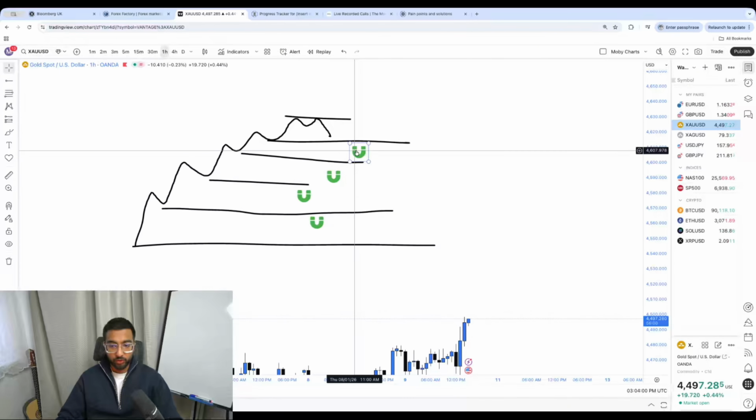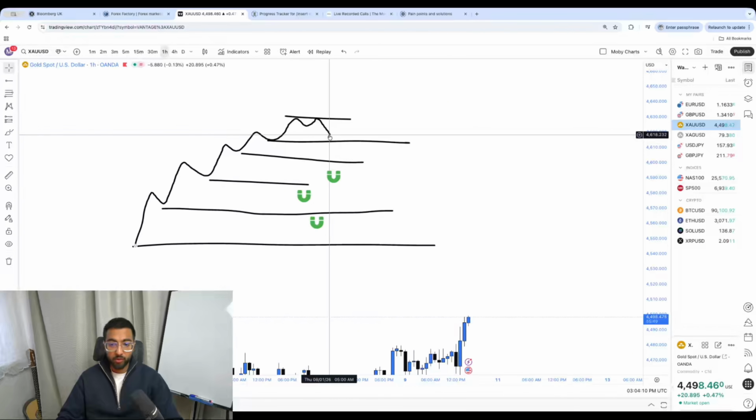Where is it going to go? Well, it's going to go to this first magnet right here. Once it's taken out this magnet, where's the next magnet? Well, if you are a magnet and you've just taken out another magnet, you're now strong. We now have more buy orders in here as well, but we also have sell orders coming in as well. A lot of people's stop losses are all over here as well. Guess what happens?